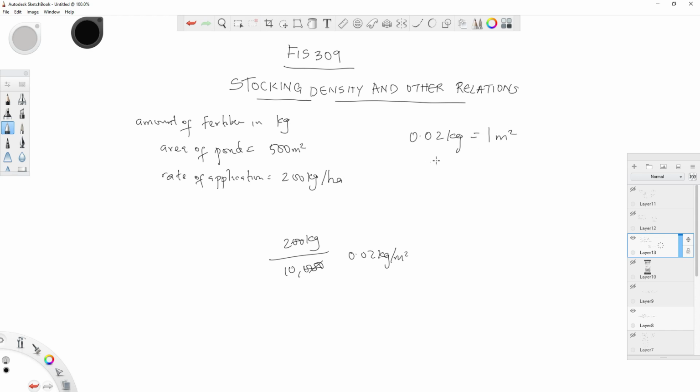Now how many kg would go into 500 meter square? That's what the question states. Cross multiply. X equals 500 times 0.02, which is, I guess it's 10. Yeah, it should be 10. Sorry, I wrote 10 meters square. 10 kg.